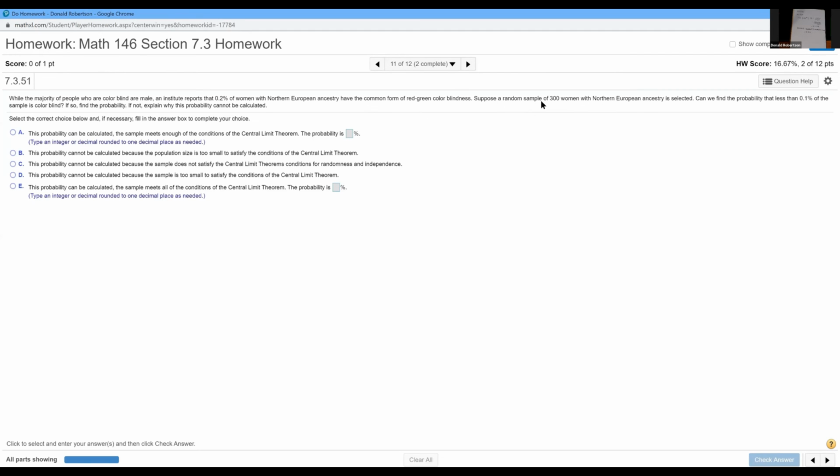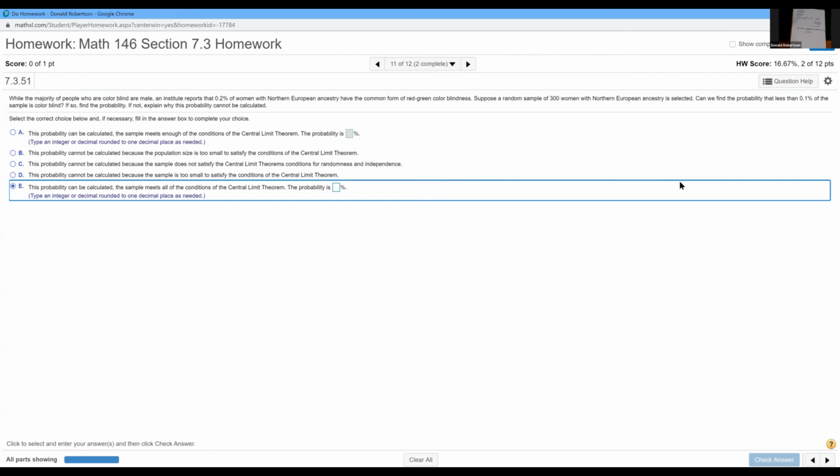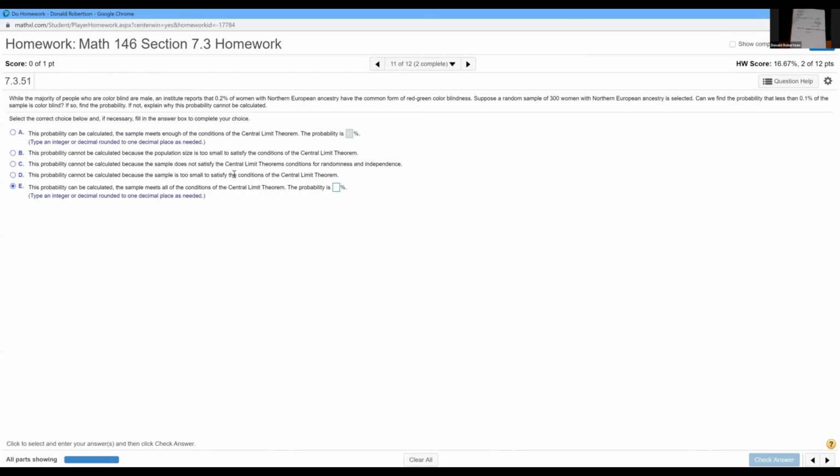You've got a random sample of 300 people, and the probability is 0.1%. Now, 0.1% of 300 people is 3 people. Actually, it's 0.3 people. It's not big enough. So it fails because the sample is too small.